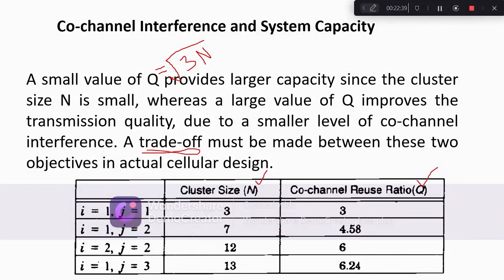So for n equal to 3, the square root of 3 times 3 is 3. So for n equal to 3, the cluster size and the co-channel reuse ratio are the same. Otherwise, when you increase n, you have a little increase in Q, further increasing n, more increase in Q, and larger Q means it will improve the transmission quality.